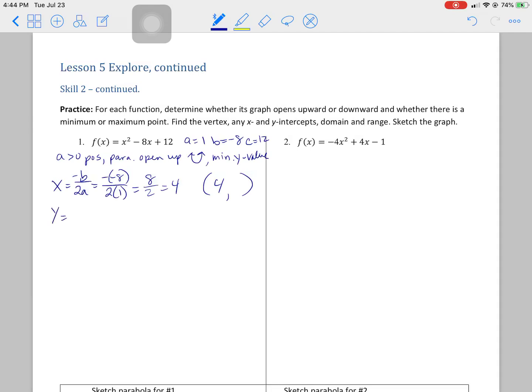For the y value, technically, you could put in f of 4. Would probably be better for that. And then everywhere there's an x, you're going to put a 4. So this is 16 minus 12 plus 12. That is not 16. What did I do?